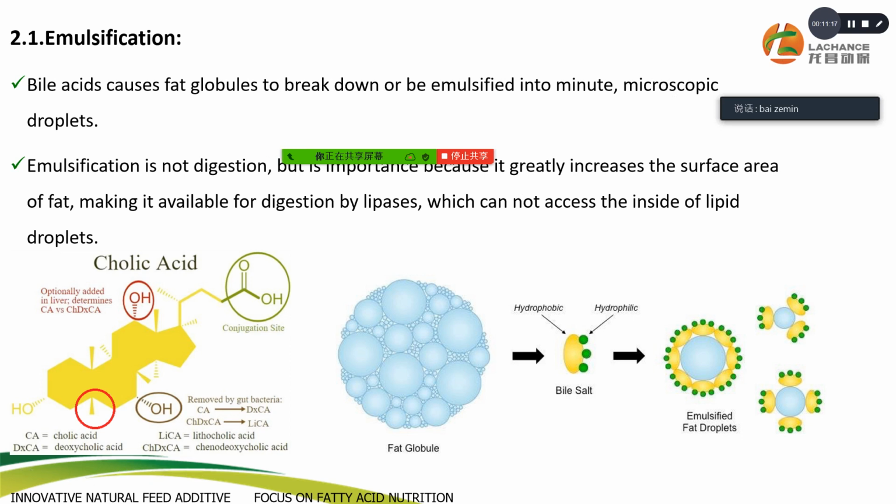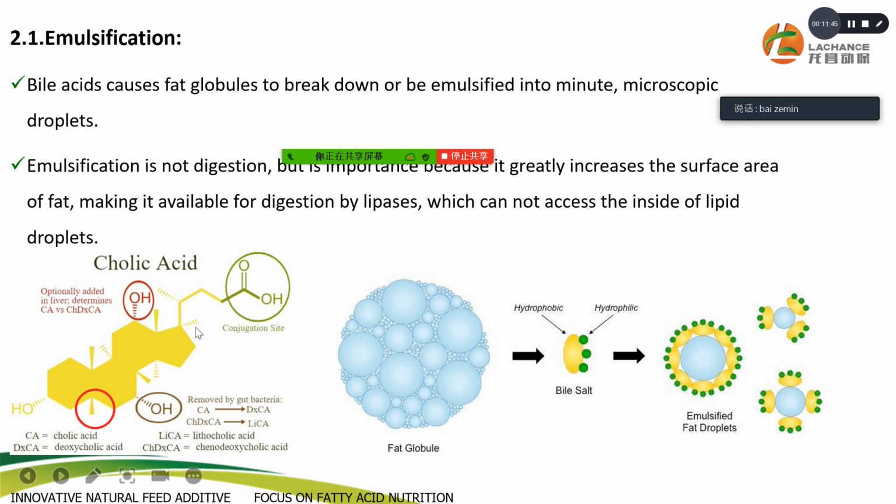But remember, emulsification is not digestion. This only increases the surface area of the fat droplet and makes the lipids easier to digest. As we all know, lipase cannot access the inside of a lipid drop, only the surface around the droplet.